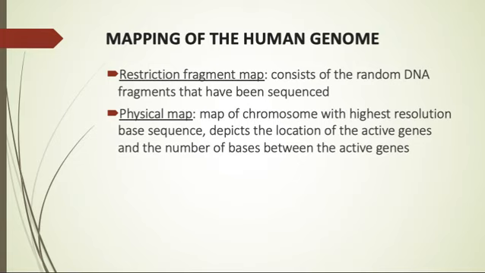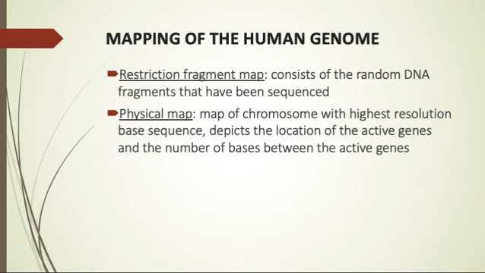And then you have the physical map, a map of the chromosomes with the highest resolution base sequence. This depicts the location of the active genes and the number of bases between the active genes. So you have four types of mapping of the human genome: the cytogenic, the gene linkage, the restriction fragment map, and the physical map.